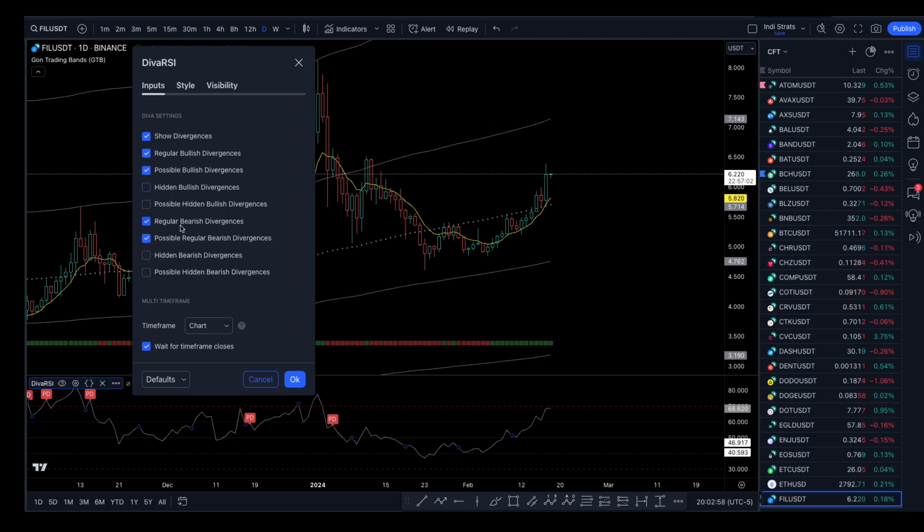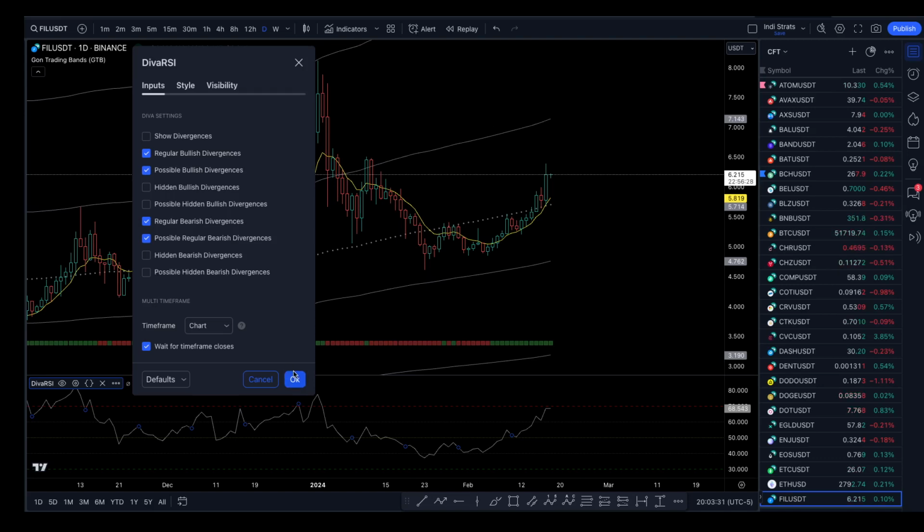I usually do not care too much about divergences in these markets, because from experience, in general uptrends or a pre-bull market, and I don't want to really call it a bull market, I don't know if Bitcoin is really going to continue or what's going to happen, but in general uptrends, divergences are often ignored, especially bearish divergences, or they will get invalidated.